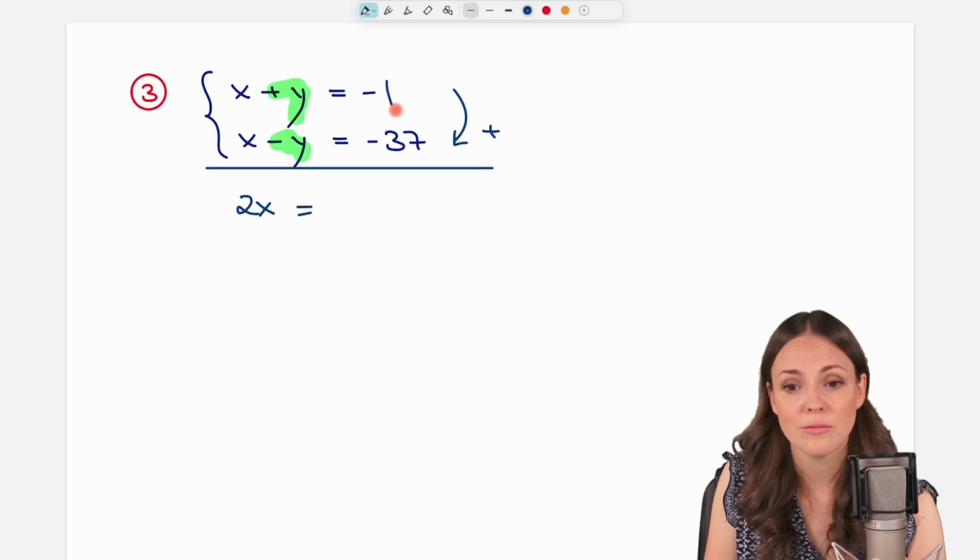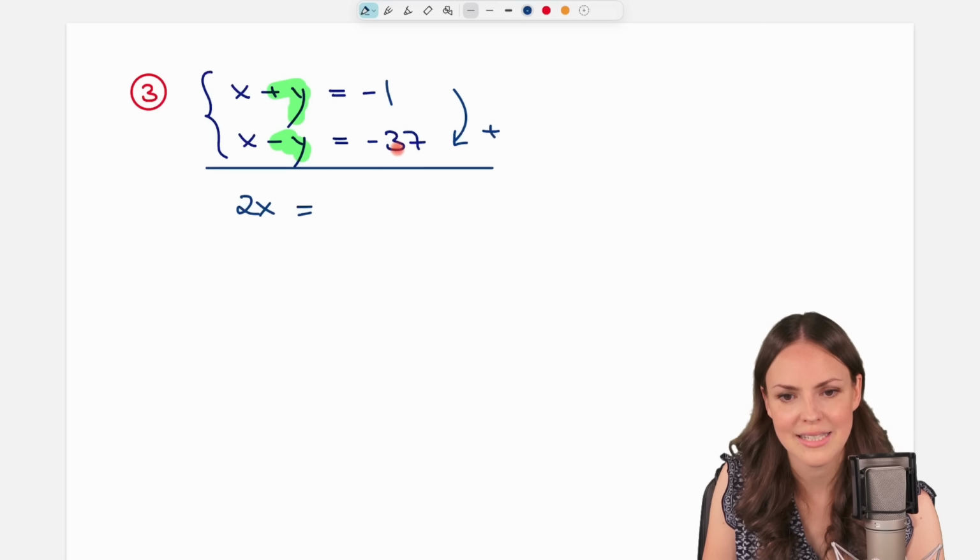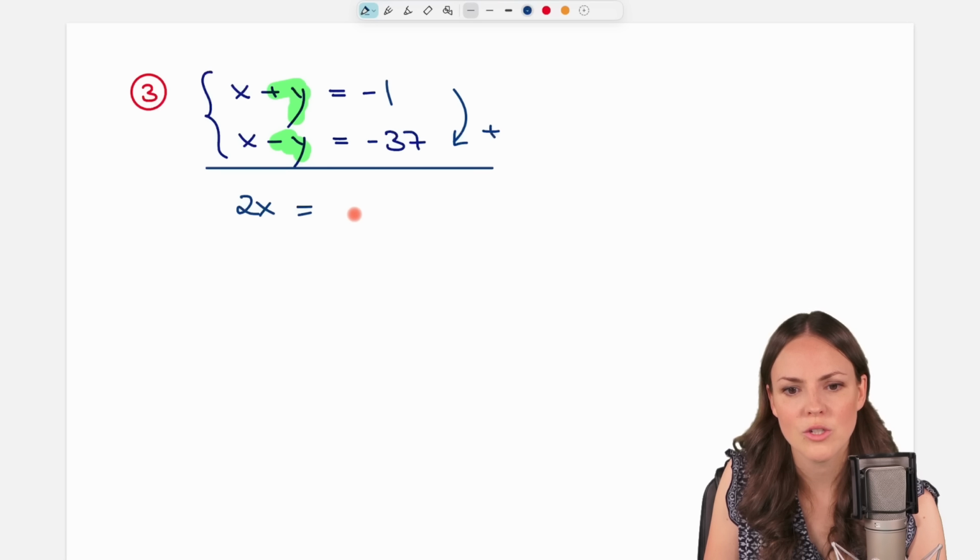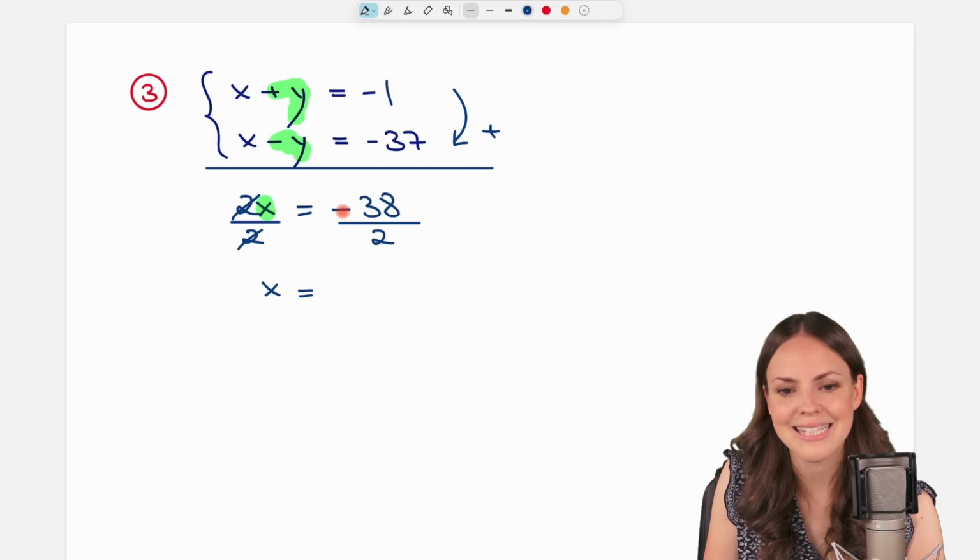Okay, negative 1 plus negative 37, so we have negative 1 minus 37, which is equal to negative 38. And to solve for x, we divide by 2 here again, so that this cancels out, only x is left, but this time we get a negative result of 38 over 2 equals negative 19 in total for our x.